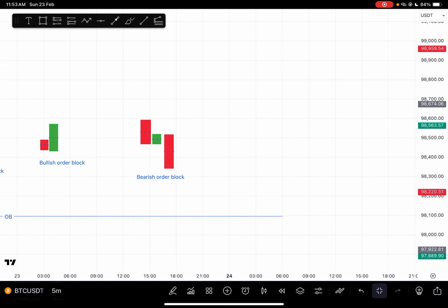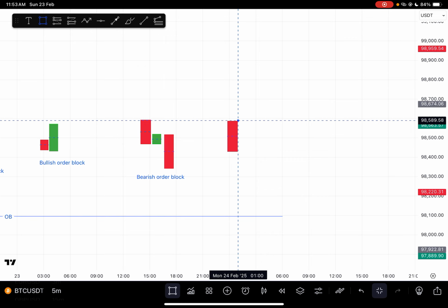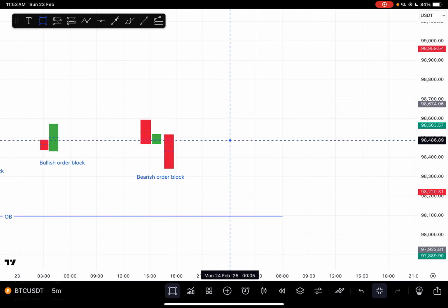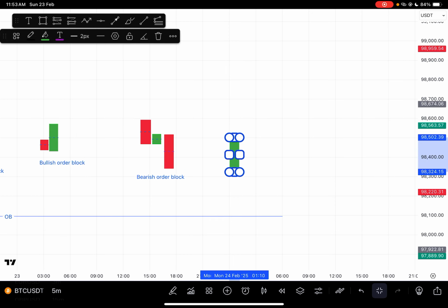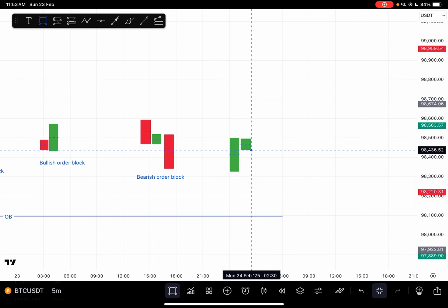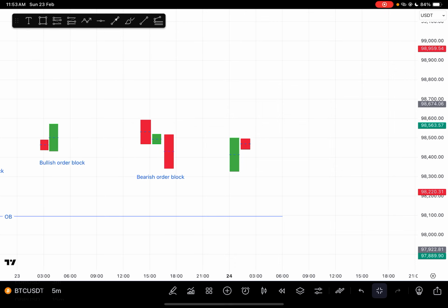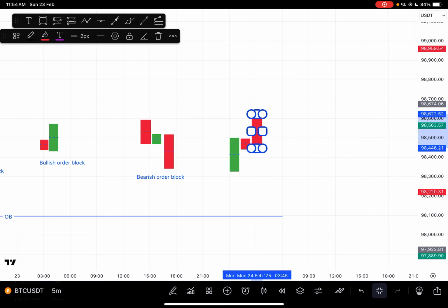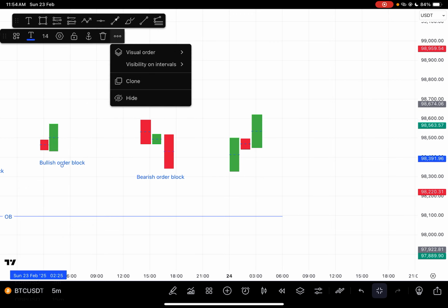This is a bearish order block. And this is a bullish order block.